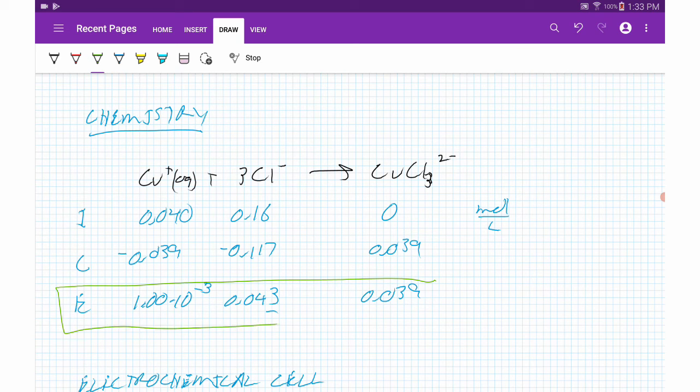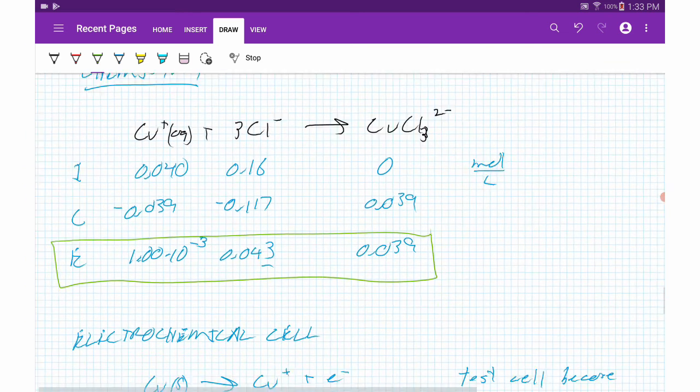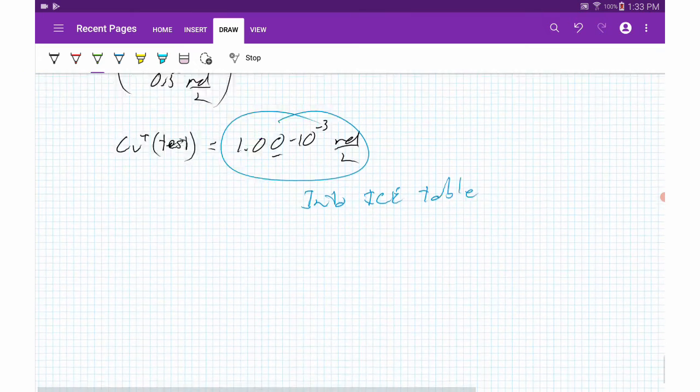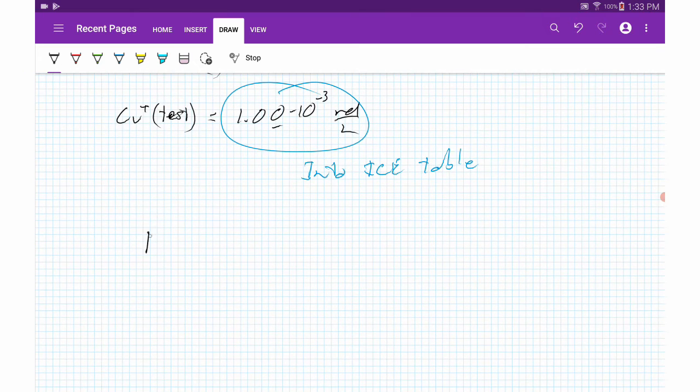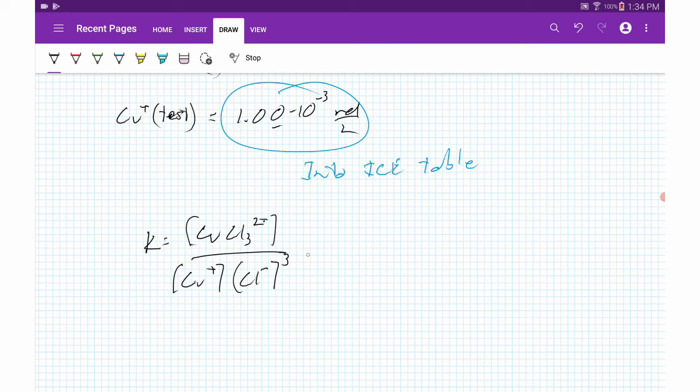Now we have everything at the equilibrium level, and unfortunately I'm going to have to scroll to the bottom. We have an equilibrium constant, K, which would be equal to that, as presented there.